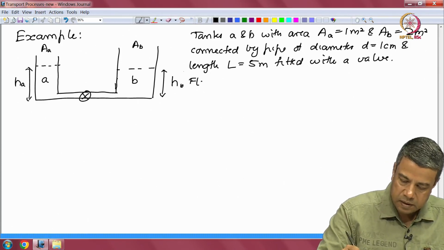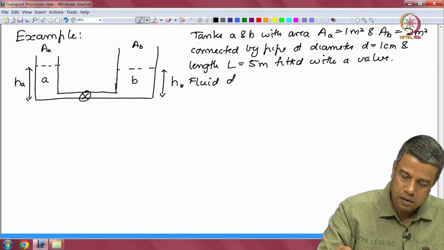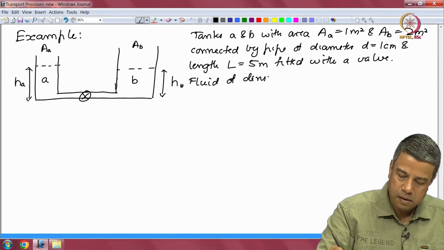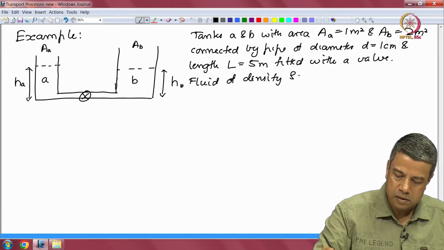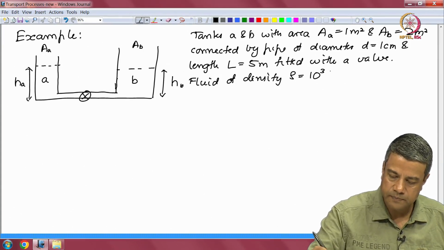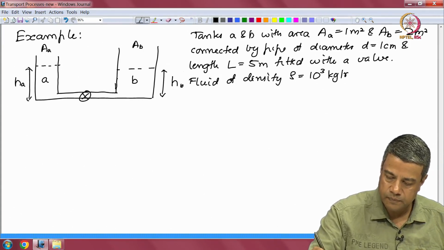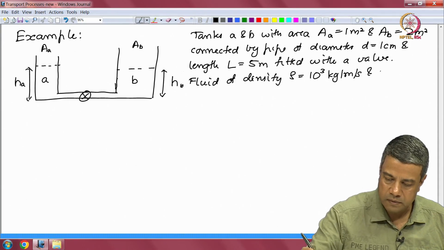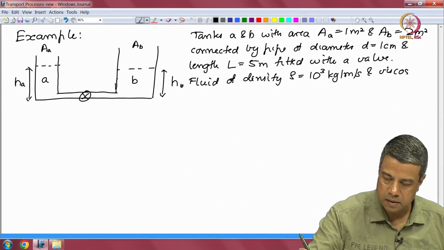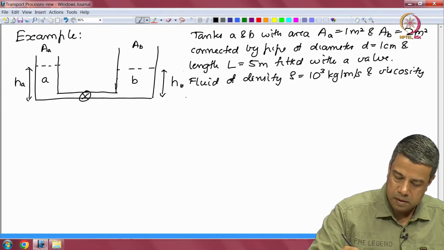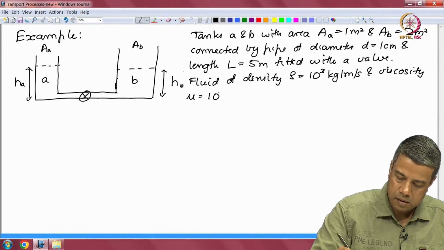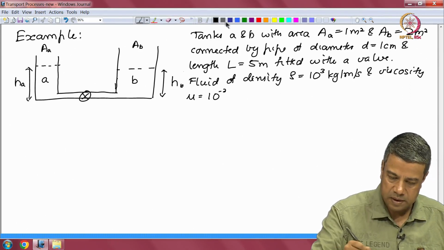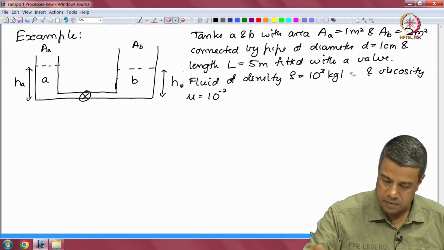Fluid of density rho equal to 10 power 3 kg per meter cubed and viscosity mu.